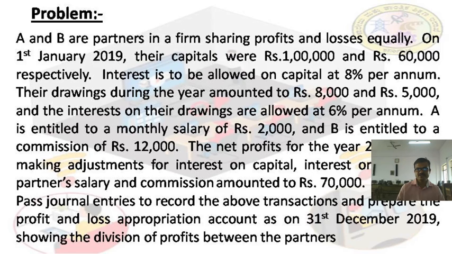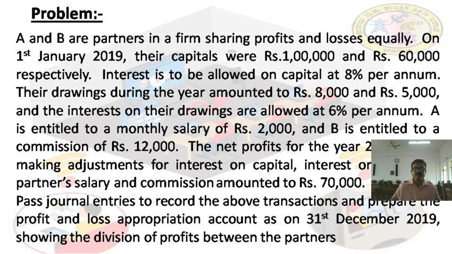Please concentrate. A and B are partners in a firm, sharing profits and losses equally. On 1st January 2019, their capitals were rupees 1 lakh and rupees 60,000 respectively.